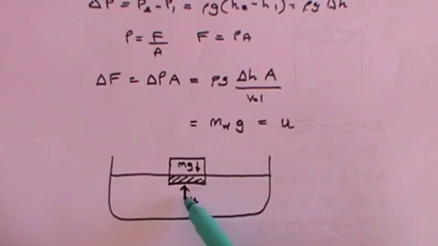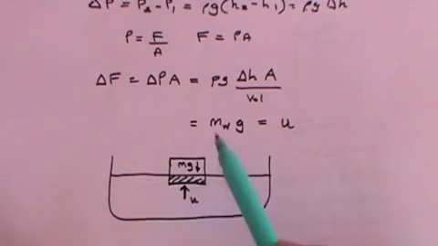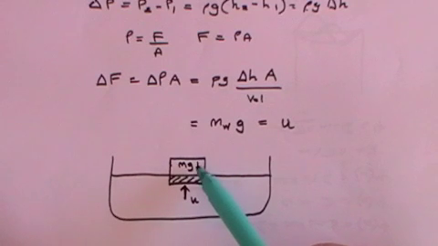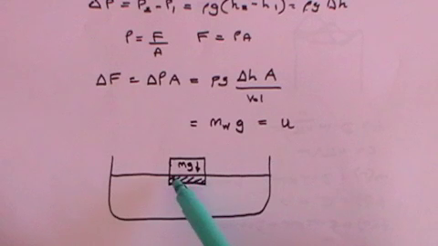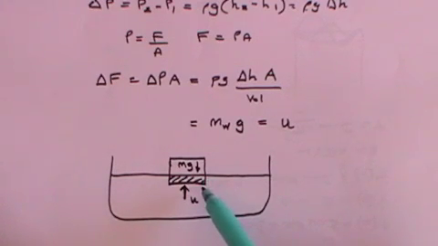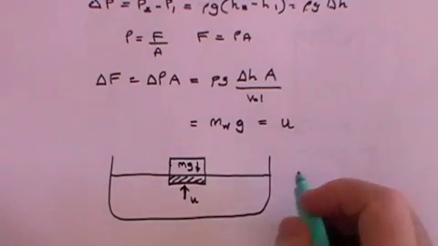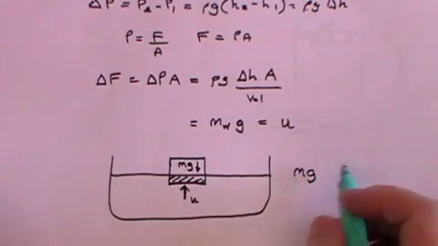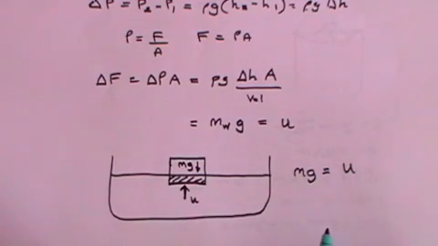And if that upthrust, which is acting upwards, is equal to the force acting downwards, mg, then the net force is 0 and the object will simply float because there's no force acting to make it either go down or up. In those circumstances, the force acting downwards, mg, equals the force acting upwards, which is the upthrust, and that's the condition for the object to float. But we know that the upthrust is the weight of the fluid displaced.